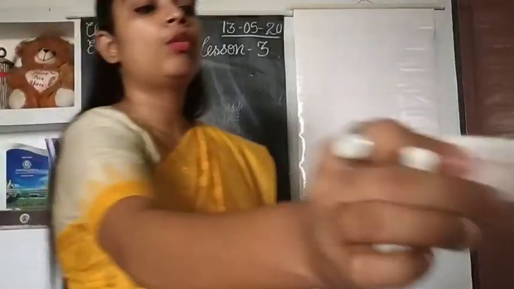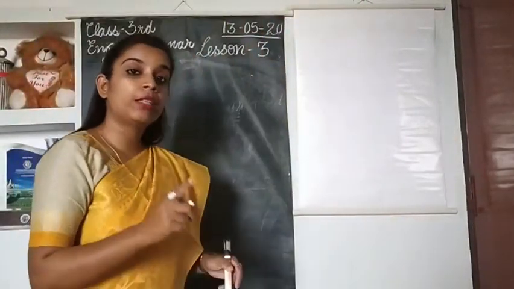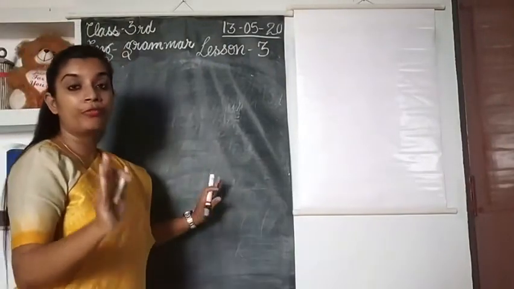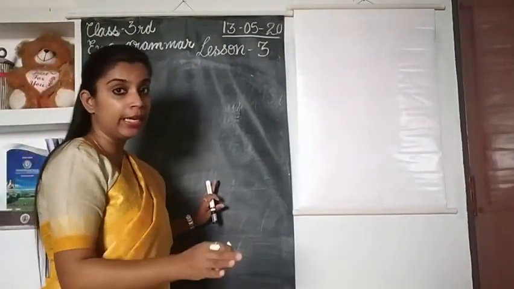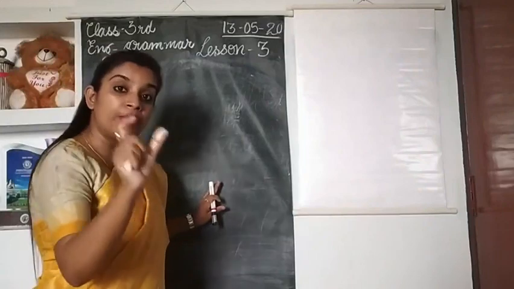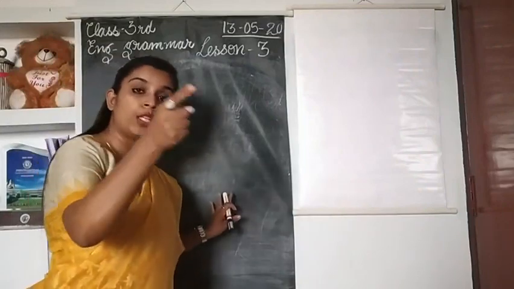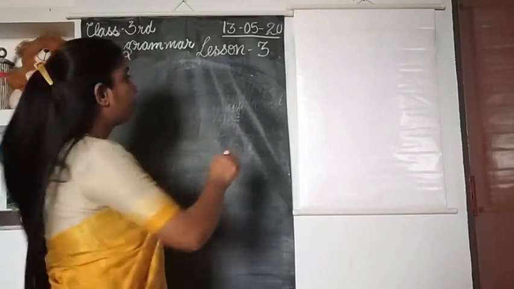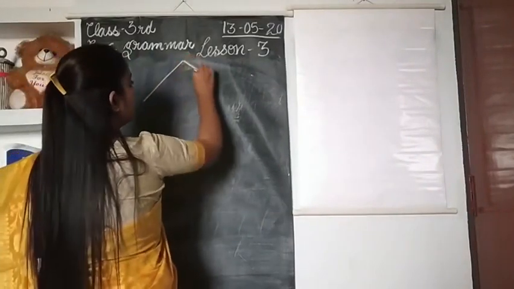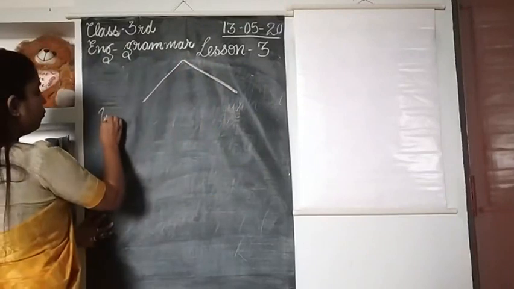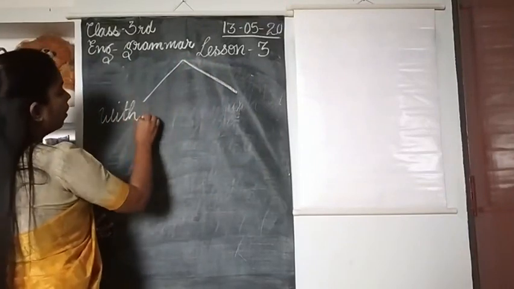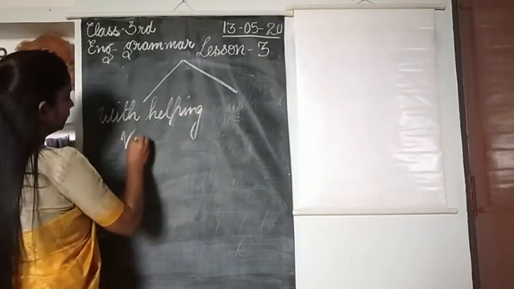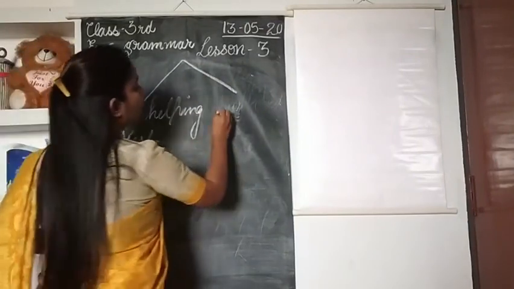See, children, for that, first you have to identify whether the affirmative sentence which you are going to change into a negative sentence has a helping verb in it or not. So you will classify the sentence into with helping verb and without helping verb.